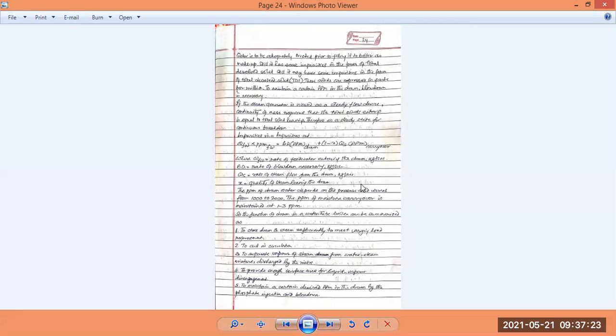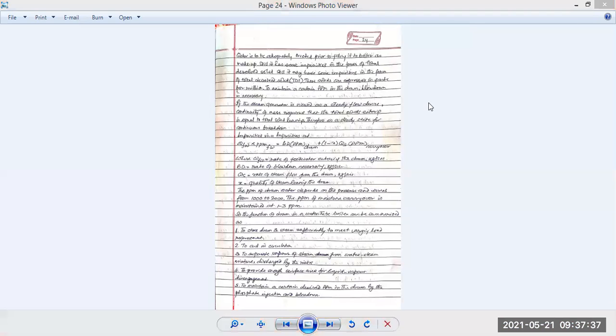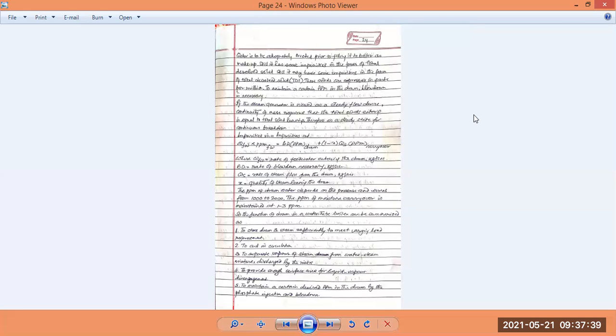Now, separation is an important function. The drum receives from the riser a mixture of saturated liquid water and vapor, which is then transferred to the superheater.